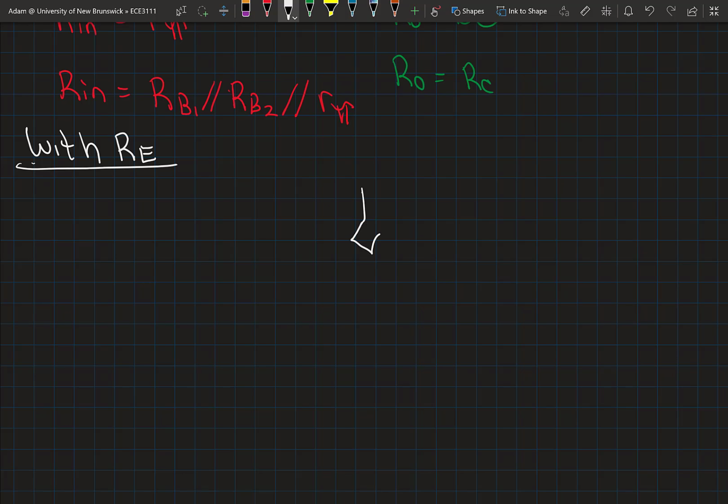So let me remodel the circuit using a T model. Rather than R pi, I'm going to have my intrinsic emitter resistance in series with my external emitter resistor. Right away we might note that both resistors are passing the same current, the emitter current.